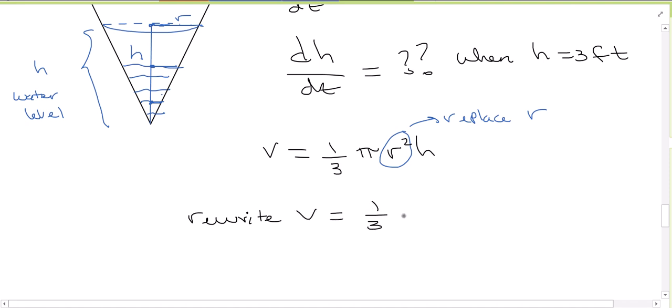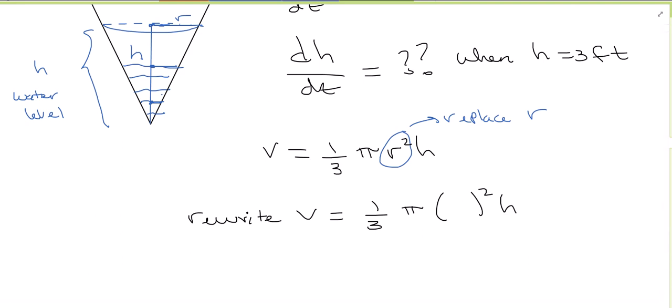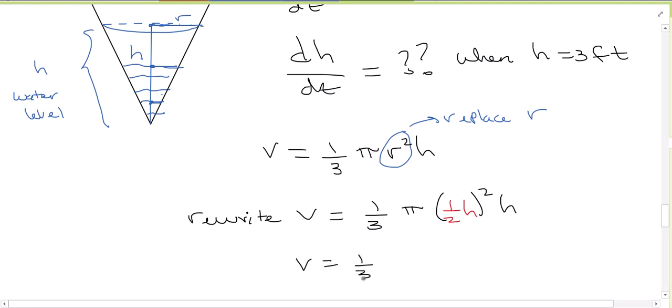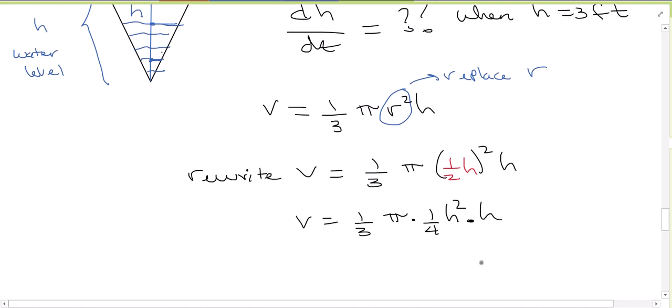So this will be 1/3 pi R squared H, but R, we were told, is half the height. And so V is equal to 1/3 pi times 1/4 H squared times H. So simplify it. So I have volume is equal to 1/12 pi H cubed.